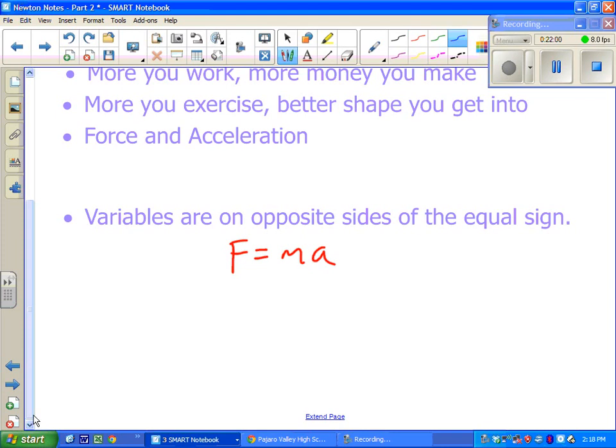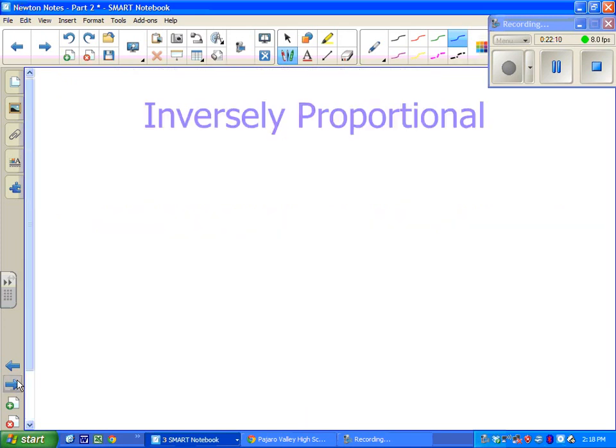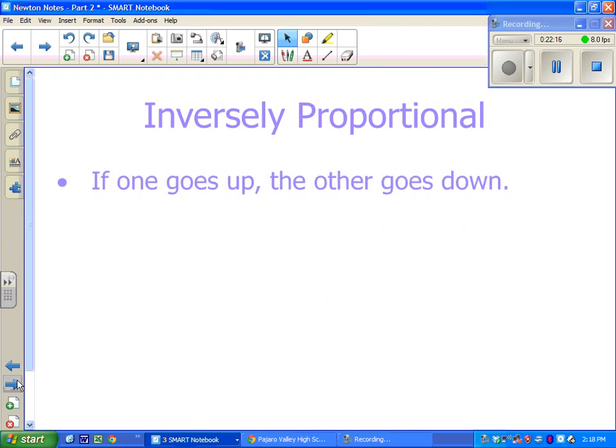So if F goes up, it's no longer equal. A has to go up to keep it equal. We also have the opposite, which is inversely proportional. Inversely proportional says if one goes up, the other must go down.